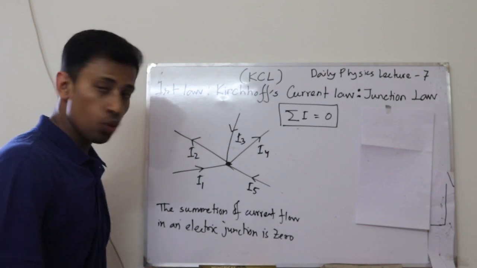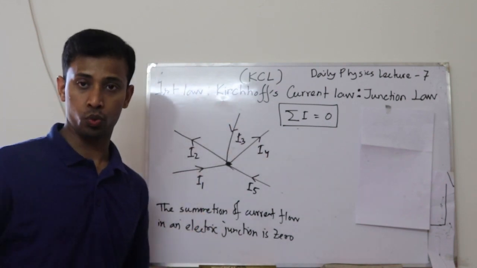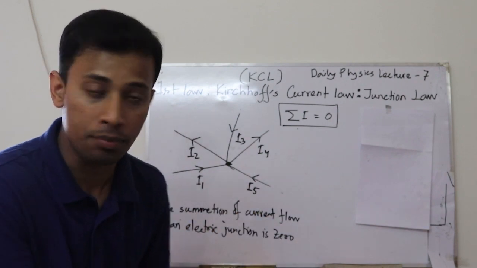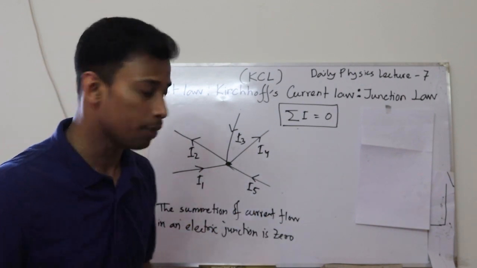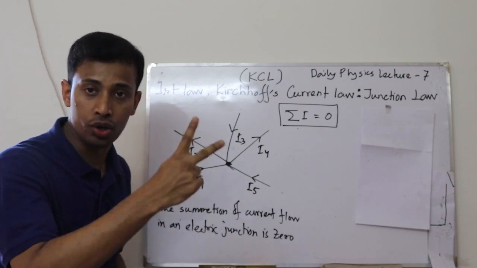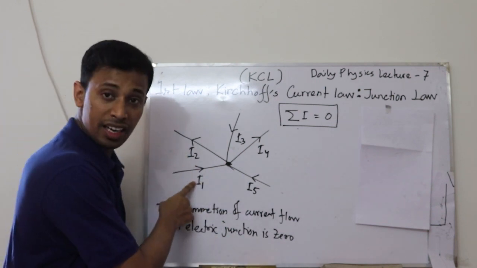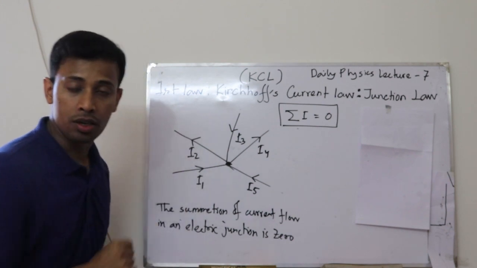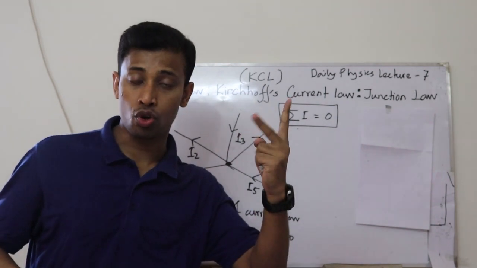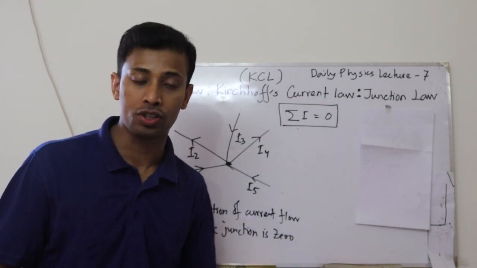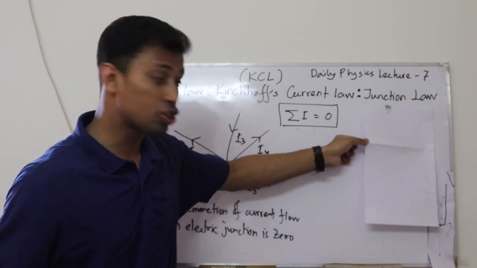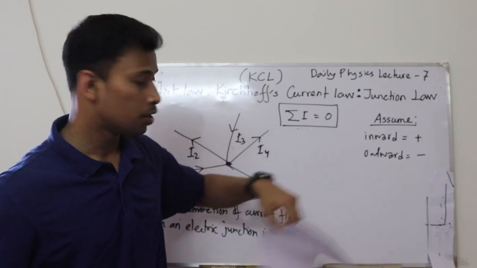And now we have 5 currents. If we want to sum all these 5, we have to sum them. Okay. So there are currents in different directions, 2 directions, either inward or outward. As there are 2 directions, obviously we have to assume one as positive and the other as negative. It's all about our assumption.